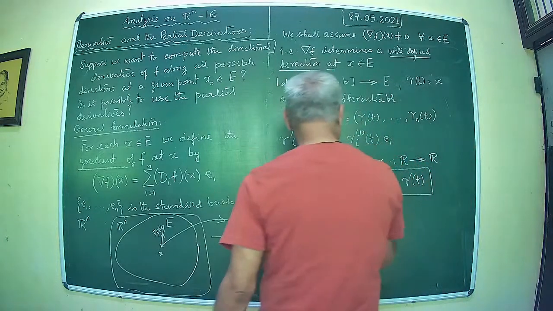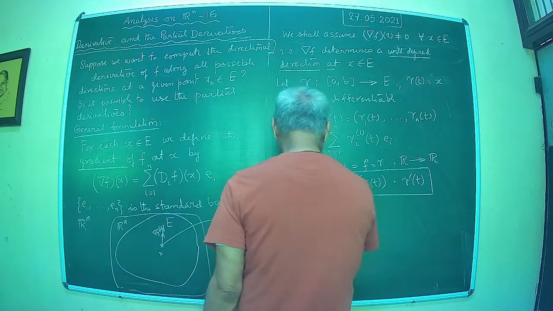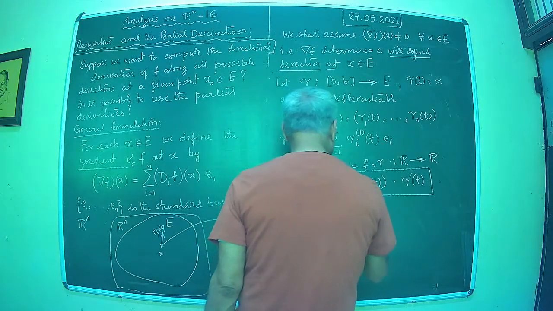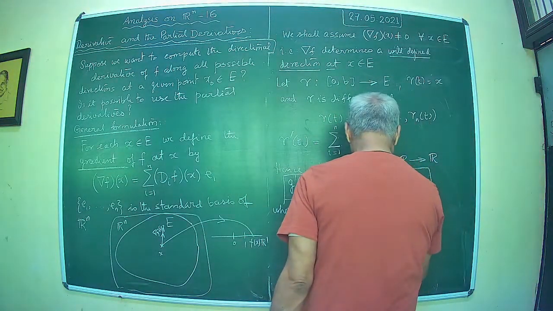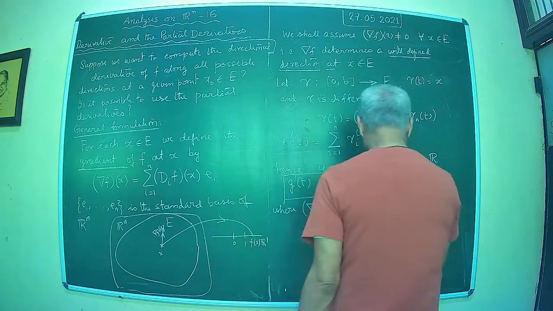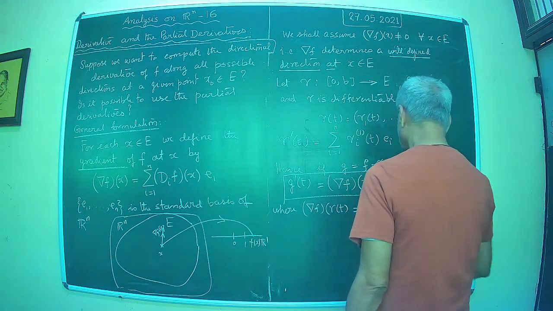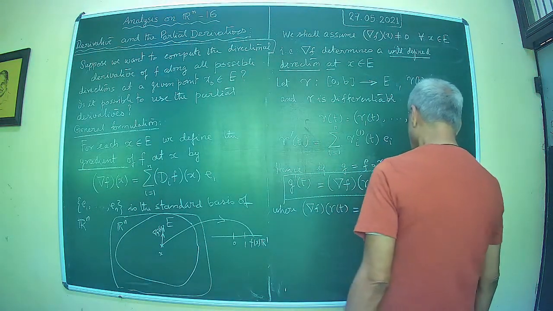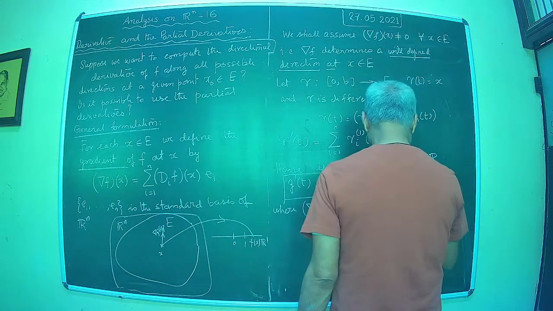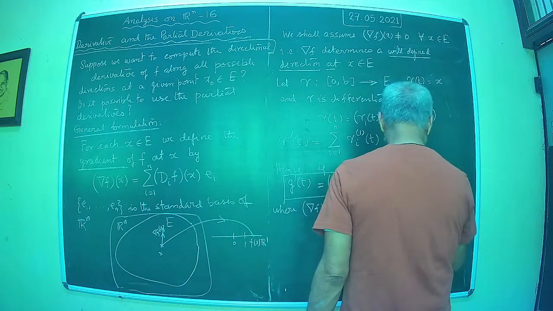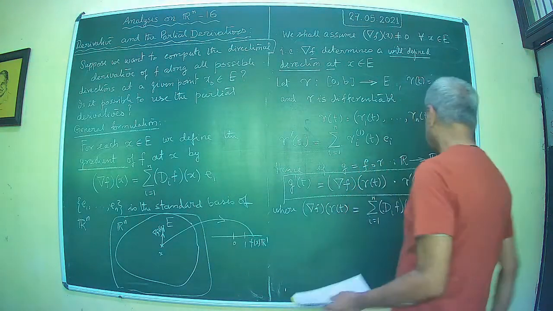Where of course grad f at gamma t is equal to sigma i equal to 1 to n d i f e i.